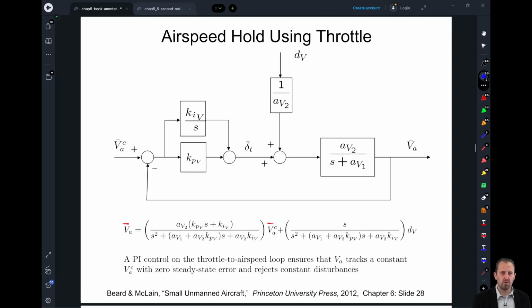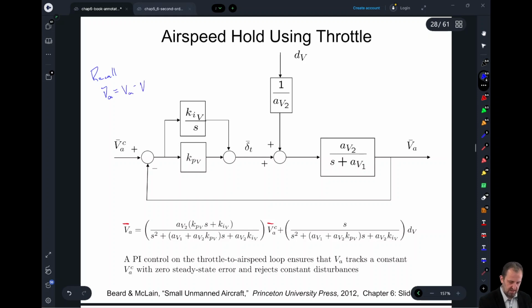We're going to control our airspeed using throttle. So again, we have the one difference on this one. There's always slight differences, right? Just recall that our bar notation, that we had VA bar, is just equal to our actual airspeed minus the nominal.